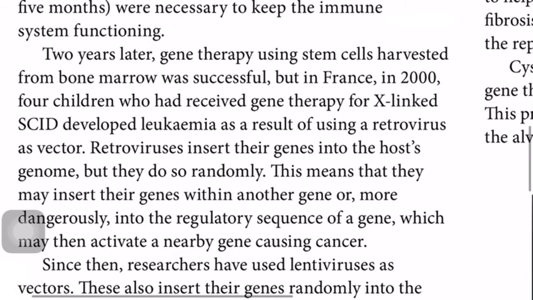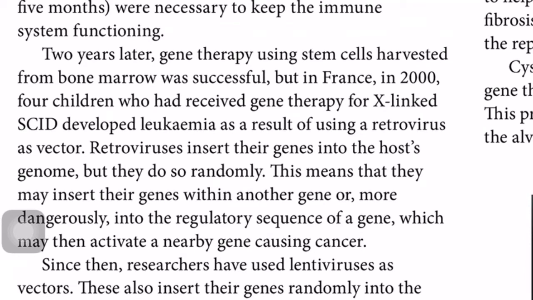So, if the stem cells in the bone marrow were harvested, and the gene can be inserted, then we know that stem cells are formed into the red blood cells and white blood cells.